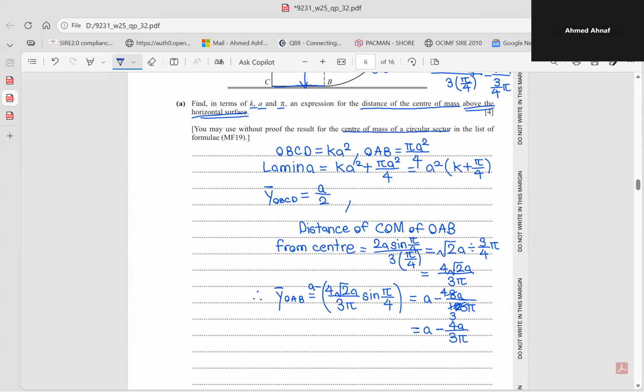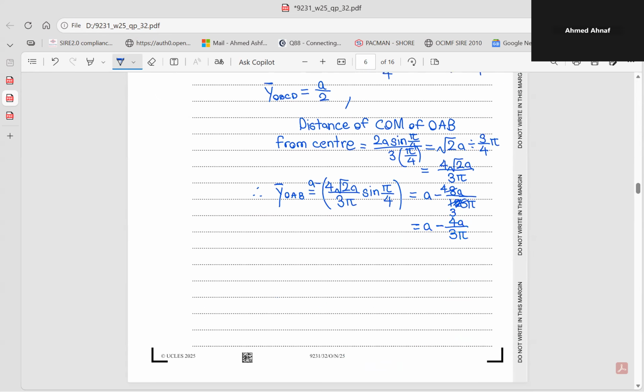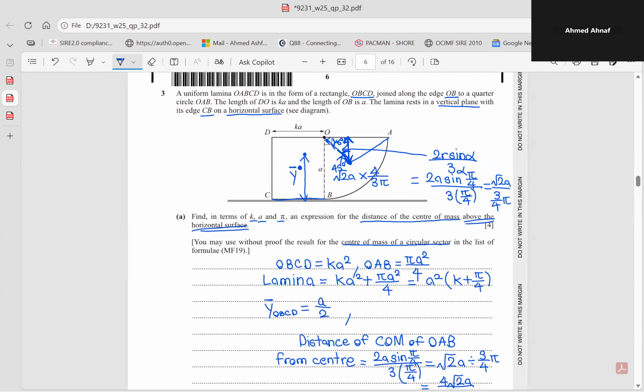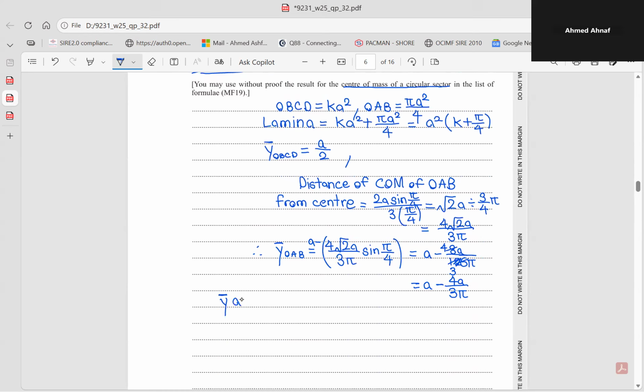Now we're going to find the y bar. To do that, you use the principle of moments. You multiply the y bar, which is your perpendicular distance, by the mass. Since it's a uniform lamina, the mass is directly proportional to the area, so you can just multiply by the total area. The area of the lamina is a squared times (k plus pi over 4).